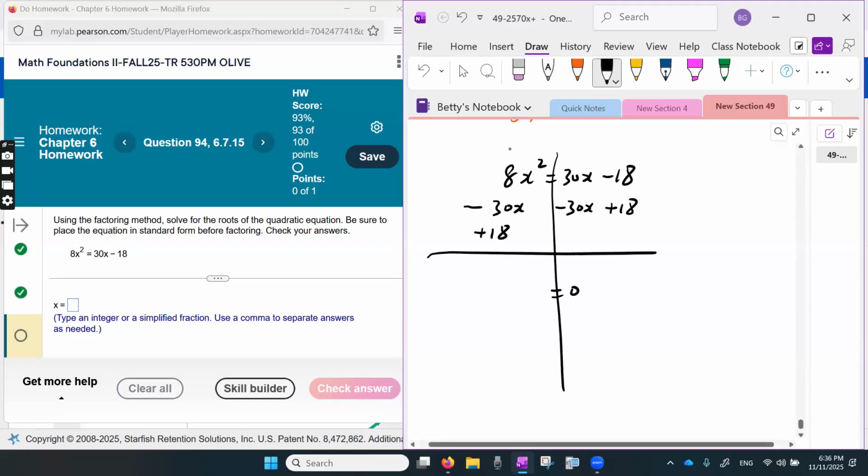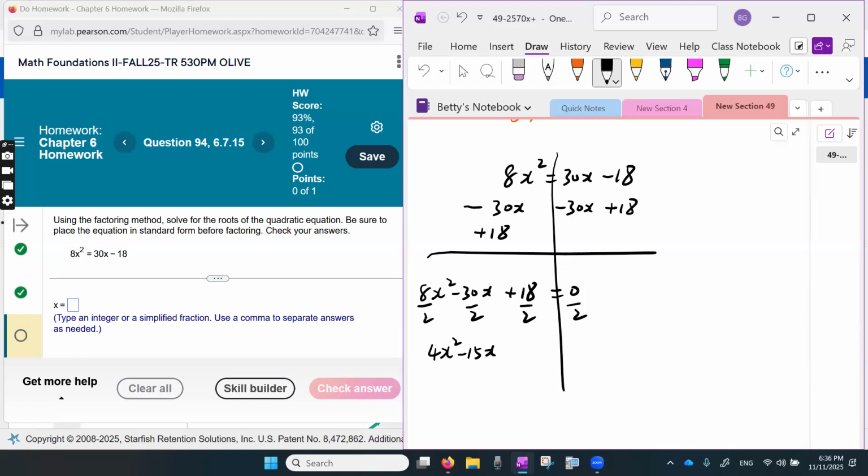Left side is 8x squared minus 30x plus 18. Do we have a GCF to factor out? Yes, we do. Divide by 2. So we have 4x squared minus 15x plus 9 equals 0.